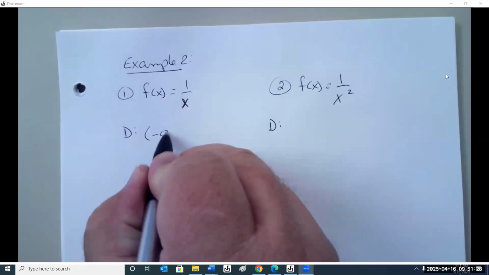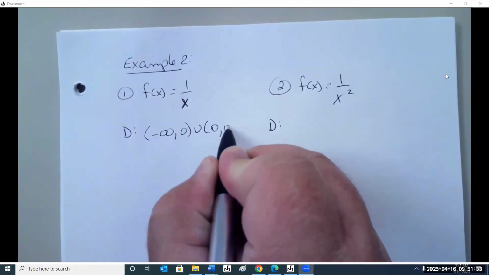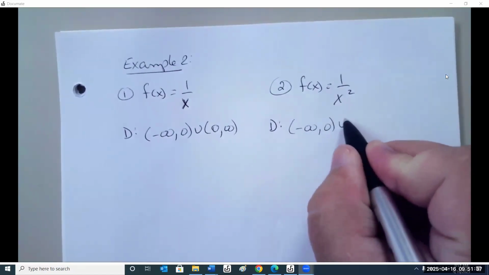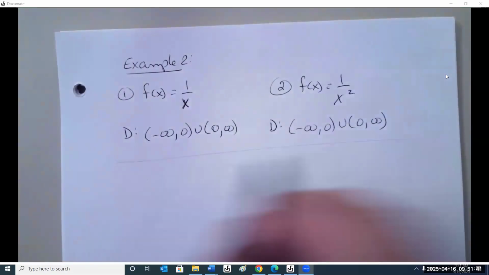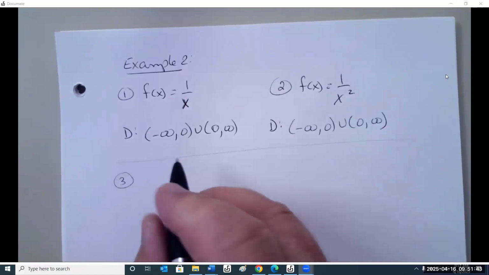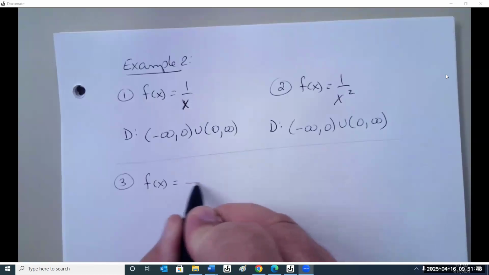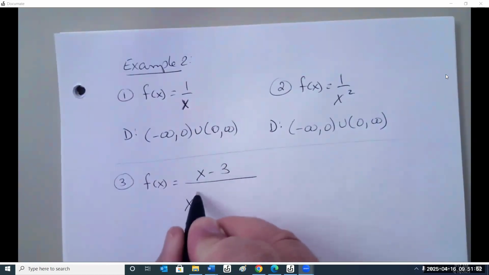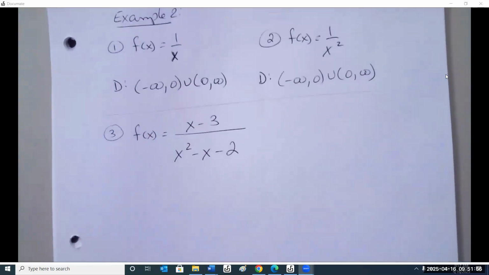Right, so it's negative infinity to zero, union zero to positive infinity for both of these. How about this one?